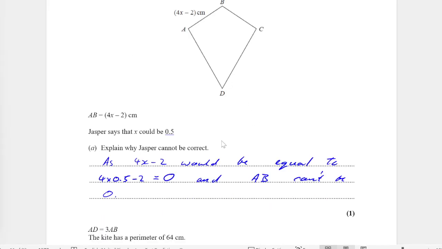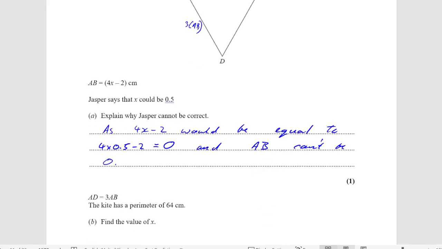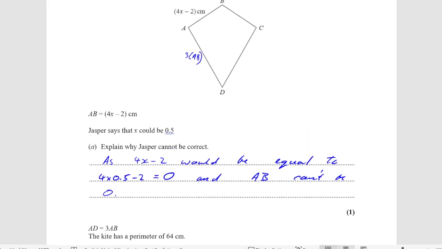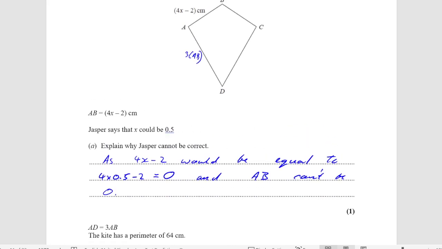Okay, AD is 3 lots of AB, so if we go 3AB for now. Okay, the kite has a perimeter of 64. Work out the value of x. Well, the perimeter is going to be AB plus AB, I'll just put AB there for now, AB and 3AB.